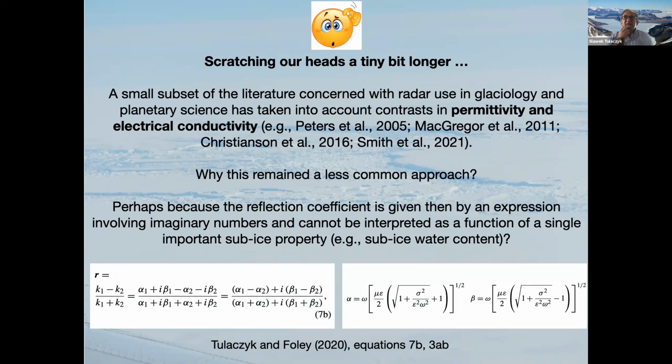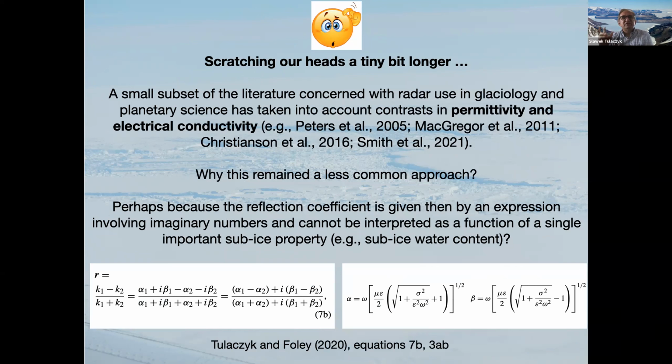And then the other scratching that I've been doing, once I dug into this topic and realized how this is playing out in the field: why did it become such an automatic thing to use the permittivity-only formulation? I have to give credit to a number of people.